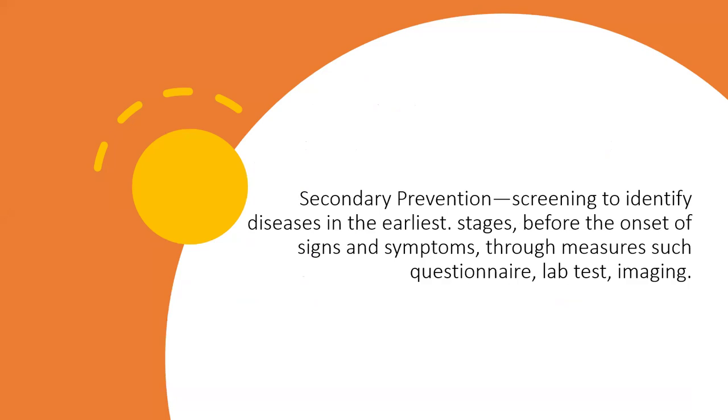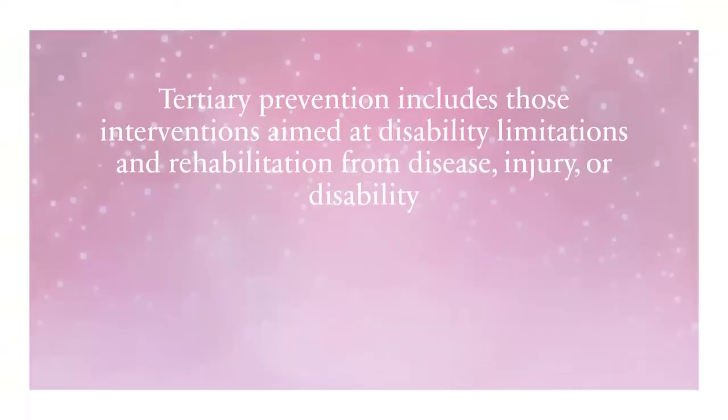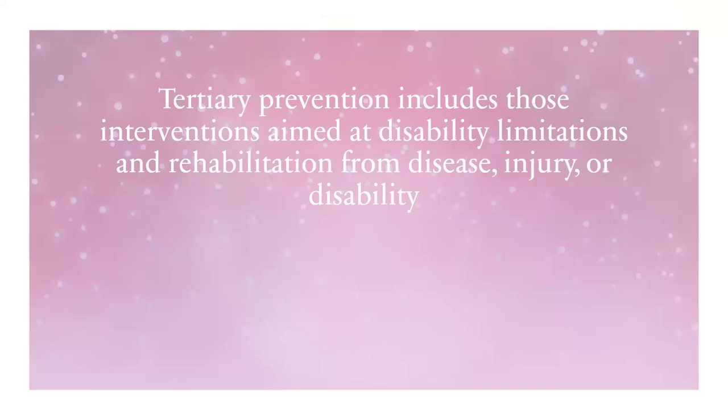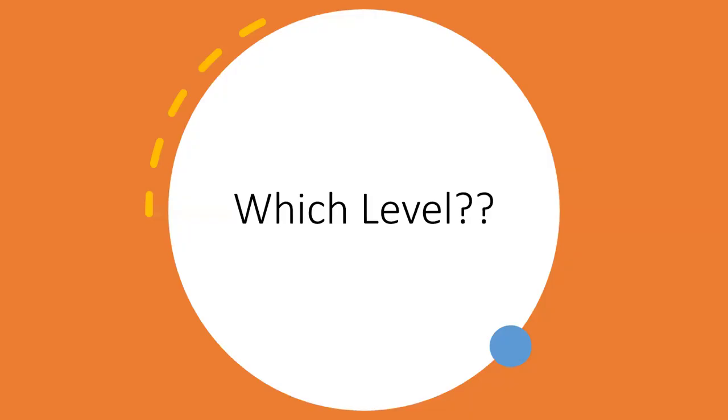We have questionnaires. There may be lab tests. There might be imaging. Tertiary includes those interventions aimed at disability limitations and rehabilitation from a disease, injury, or disability. So we are trying to manage, preserve, and increase that quality of life with those tertiary levels.